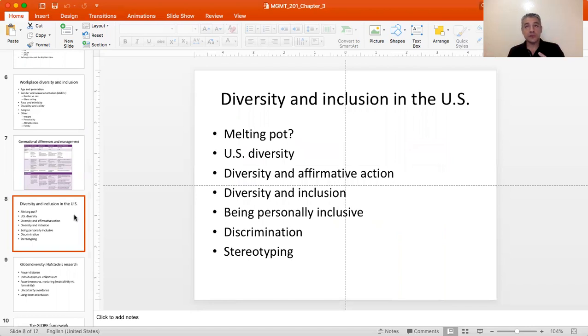As I said, diversity means that the majority tends to oppress the minority, if you will. And there are different policies that are put in place by the government to address this problem. Generally, if you think about the US, it has been thought of as a melting pot, right?